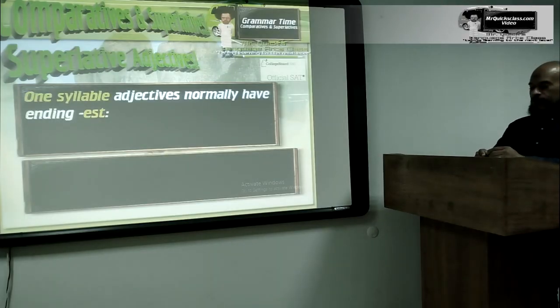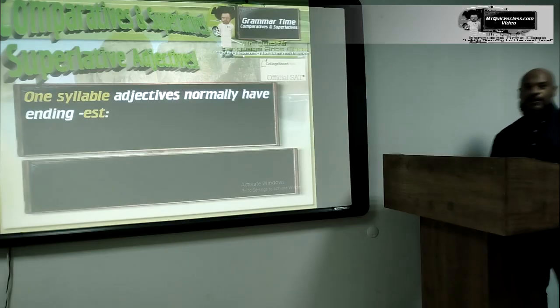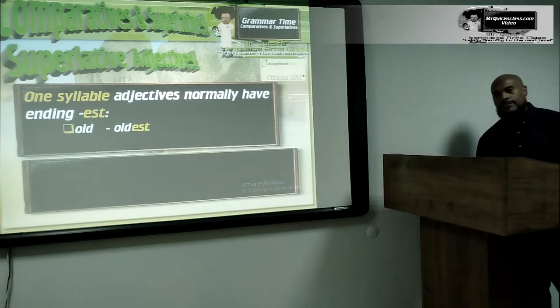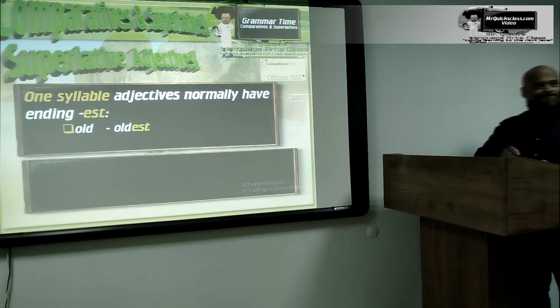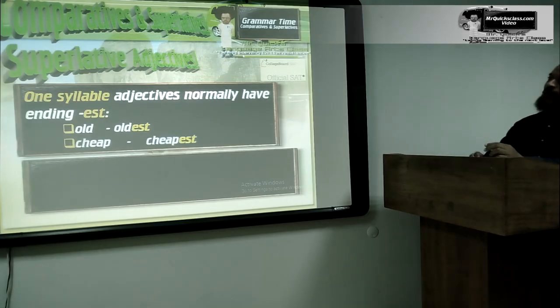1-syllable adjectives, our favorite, normally have an ending with the est, and that's the ist I was talking about at the beginning of the lesson. As a teenager, you have to have the ist. Here it is. Old becomes oldest. Youngest. Cheap becomes cheapest.